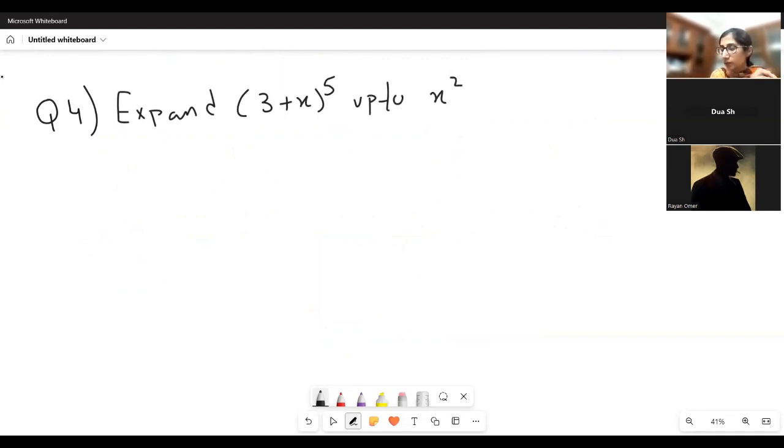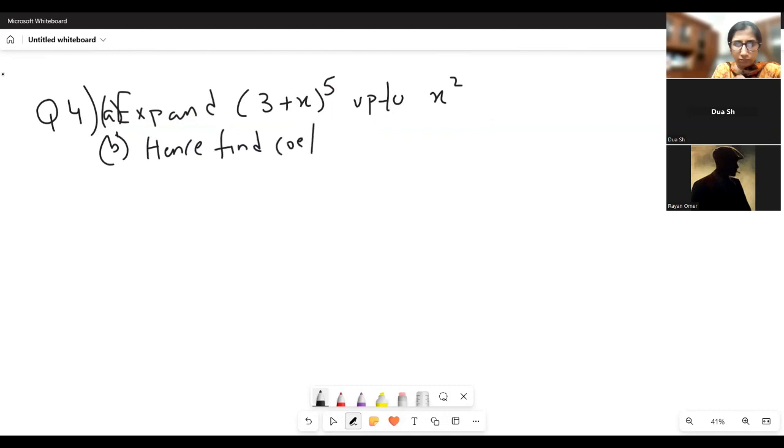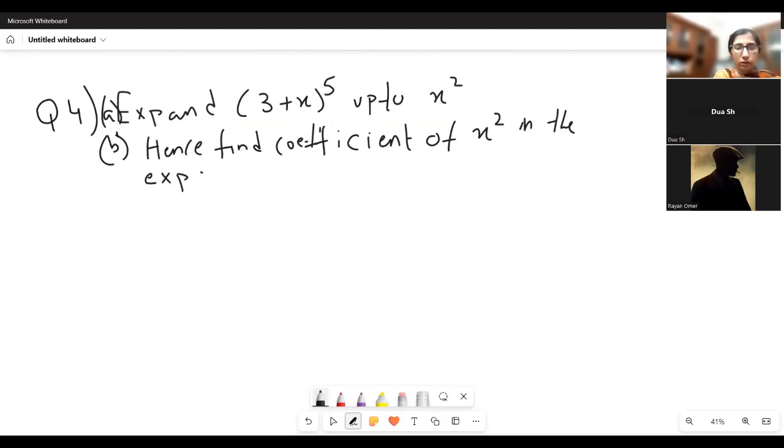That's part A. Hence, find the coefficient of x squared in the expansion of (3 + x + x squared)^5.